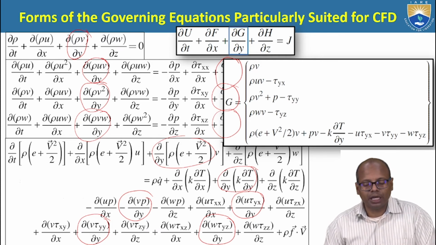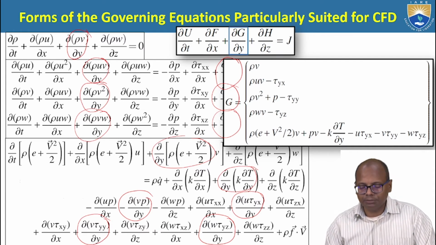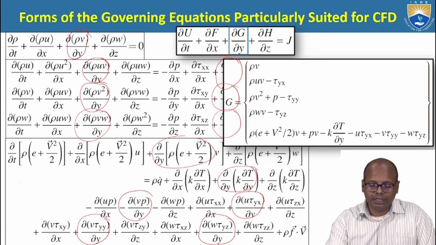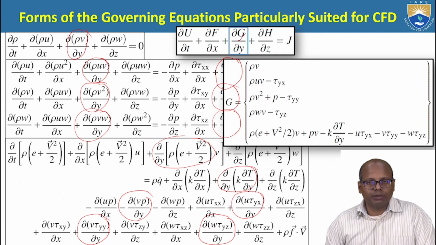All these terms will be there in G. Okay. So in this way you can write the G vector.